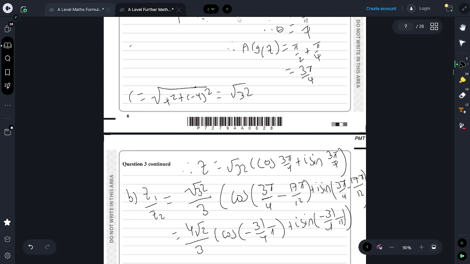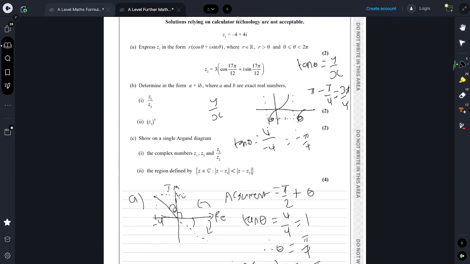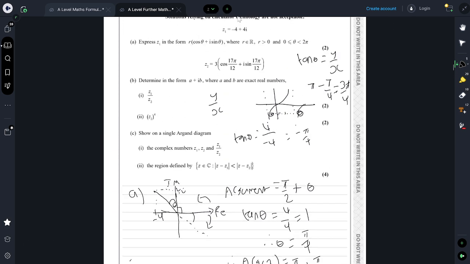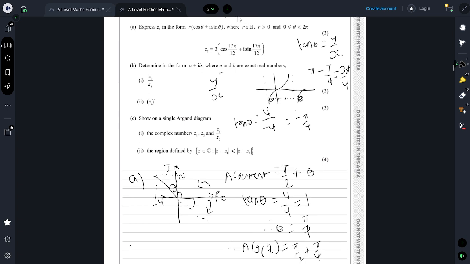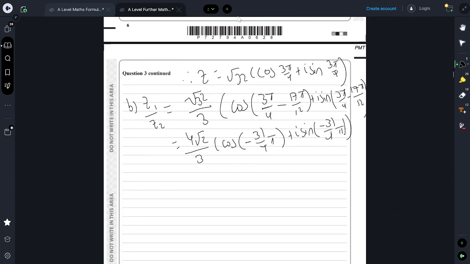Now, the angle here really should be positive. I'm not sure that it's set. Oh no, it doesn't matter, sorry, it needs to be in this form. But what happens if you type in cos of minus 31 over 4 pi?